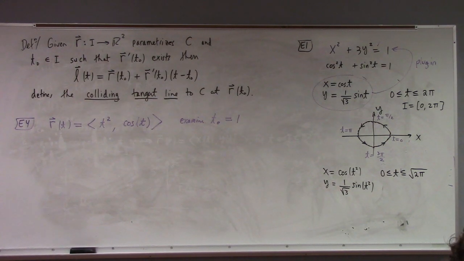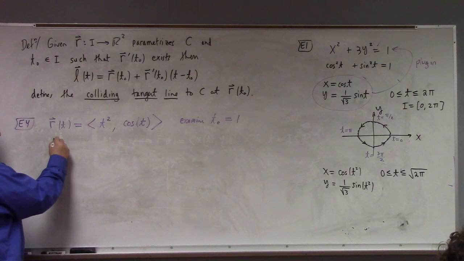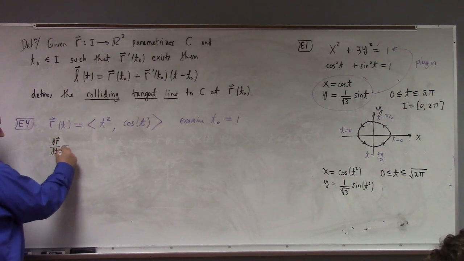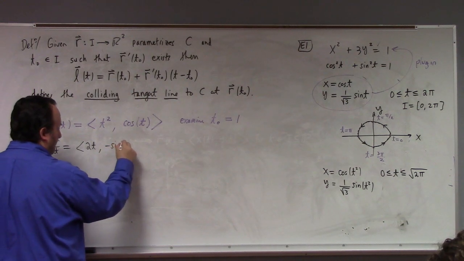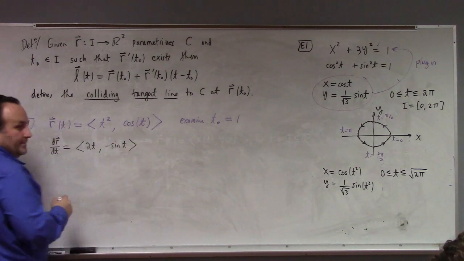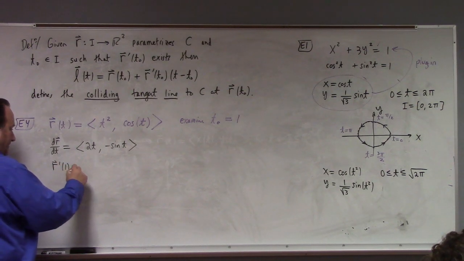All right, see, this purple marker is no longer with us. I think the rest of the lecture is going to be monochromatic. Oh well. So what is the velocity here? We do dr/dt, right? What do we get? We get 2t, minus sine t. So then what is r prime of 1?